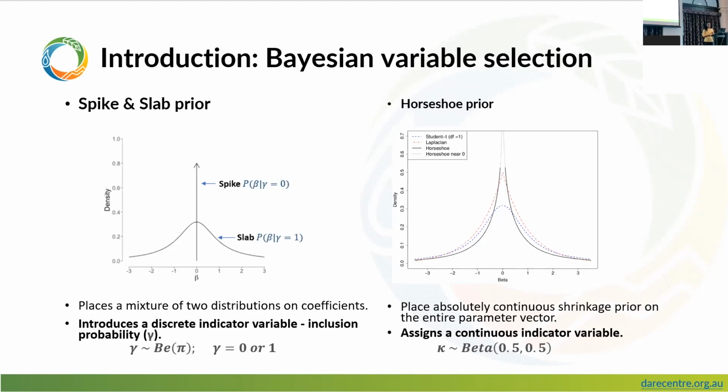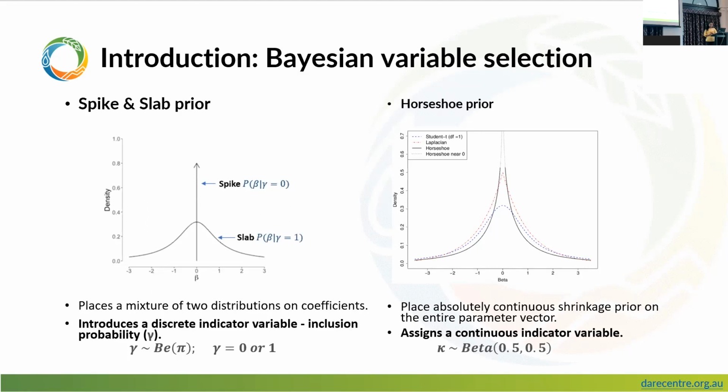But the problem with spike and slab is that it gives rise to a discrete posterior distribution where the derivative doesn't exist. Horseshoe, on the other hand, mitigates this problem by introducing a continuous indicator variable, kappa, where the expected value of kappa given the data is interpreted as the amount of shrinkage towards 0 for a certain coefficient.